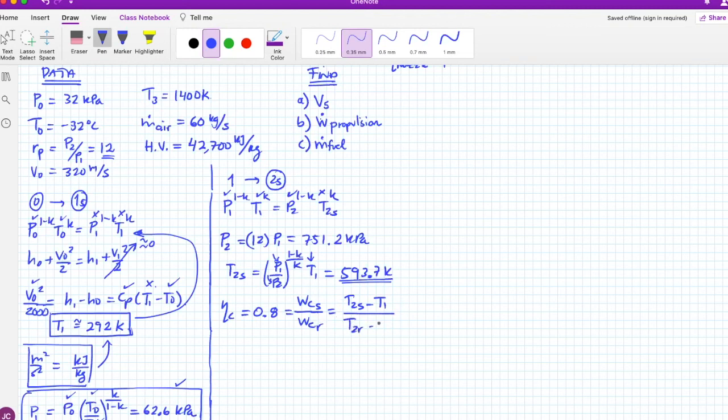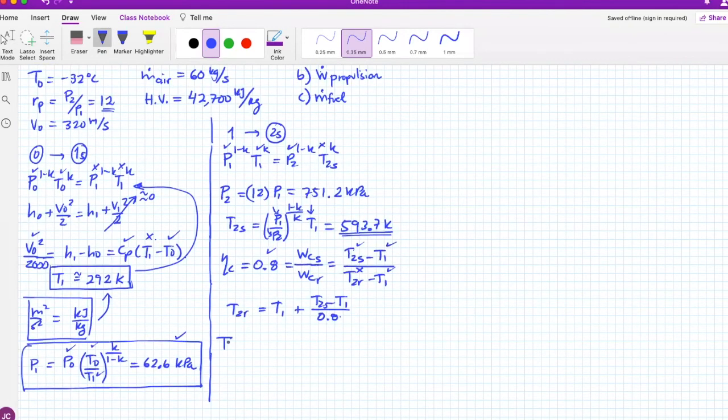So T2R minus T1. So you know, you got it. No, you don't have it. Therefore, T2R, let me just see if I can do the algebra right. It's T1 plus T2S minus T1, and everything divided by the 0.8. Okay, so T2R, in this case, is going to be equal to, yes, I have it here, 669.2 Kelvin.